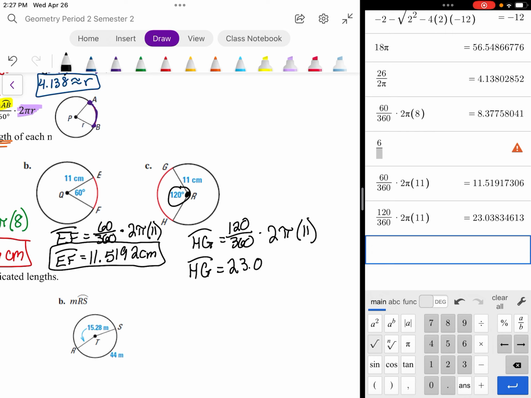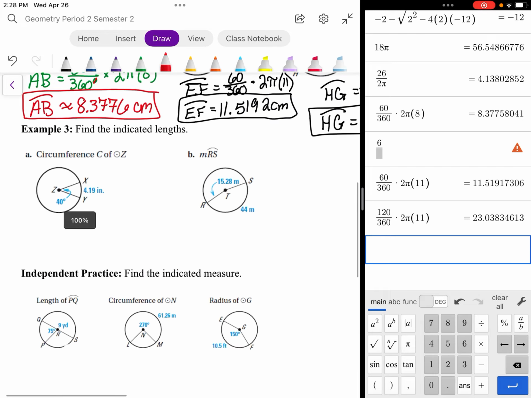So that gives us about 23.0383. Also centimeters for this one. So you will need to have this formula memorized. So you do need to memorize 2 pi r for the circumference, and then know that you're putting the fraction of the circle that you are using.